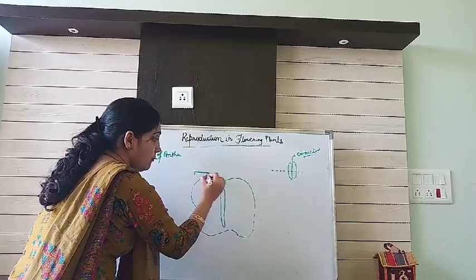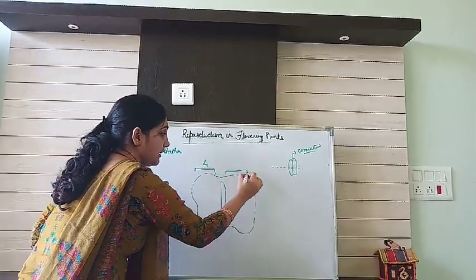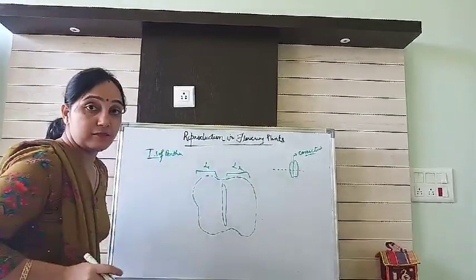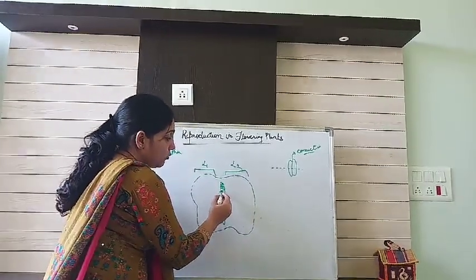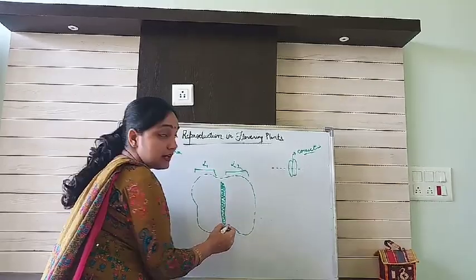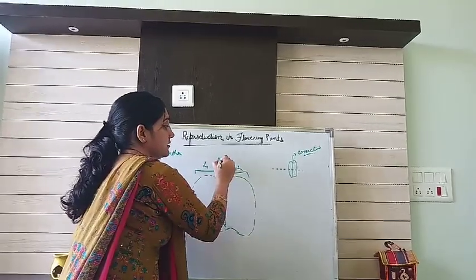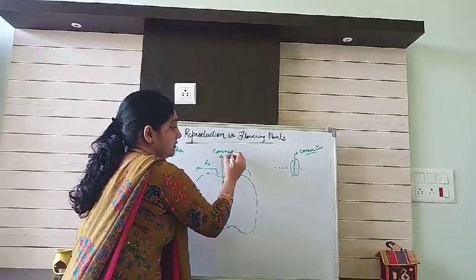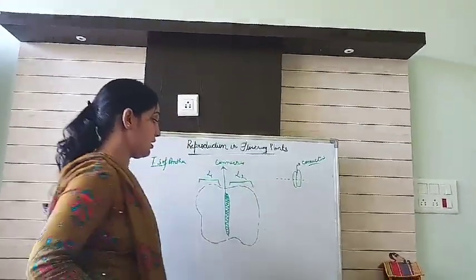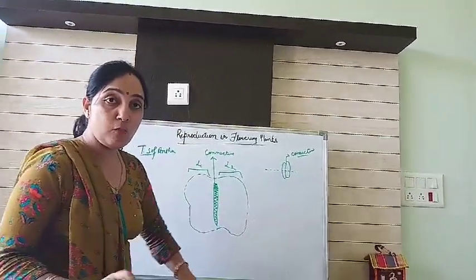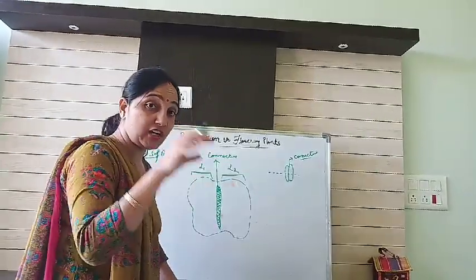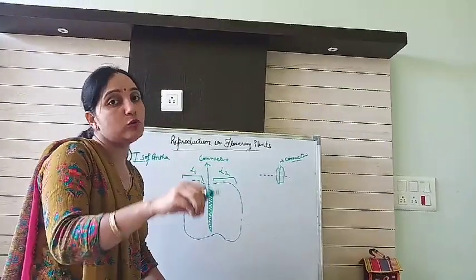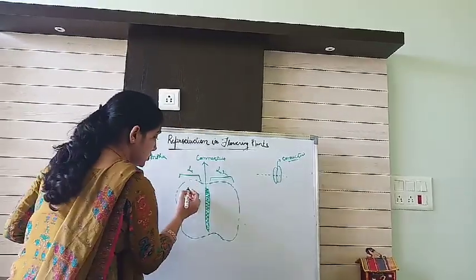These are the two lobes, lobe 1 and lobe 2, of a dithecous anther. And here we have the attachment, which we call the connective. Now inside each lobe we have two microsporangia, the location where microspores will be generated.